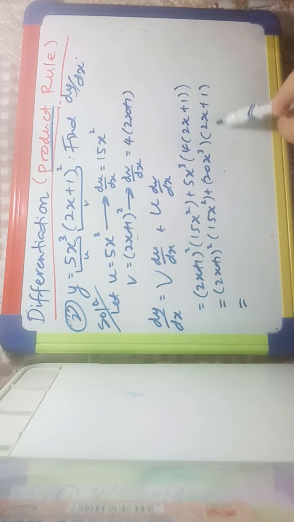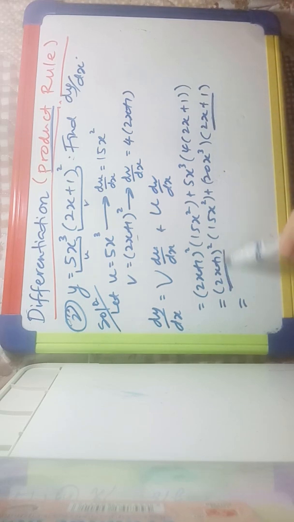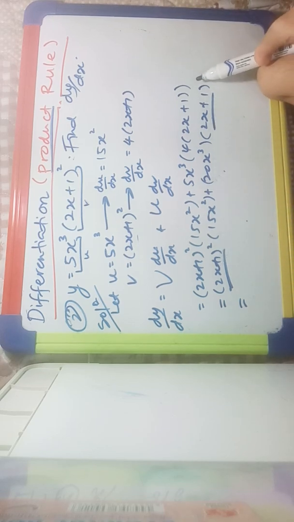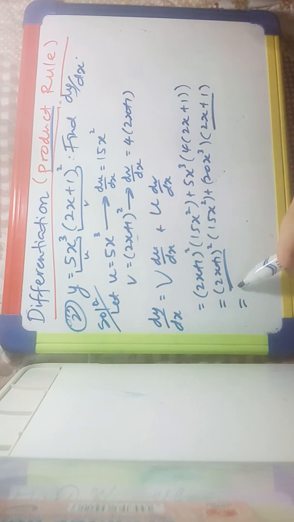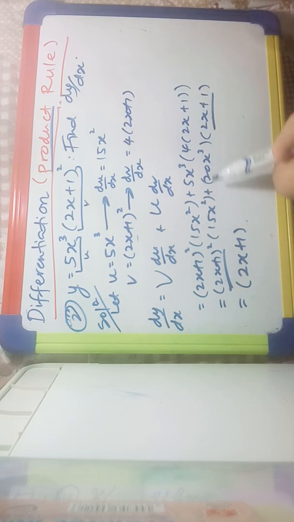Then equal to, how to factorize? Okay, find any common factor. If you look over here, I have 2x plus 1, I have 2x plus 1. This is power 2, another one is power 1. Take the lowest power to factorize. So the lowest power between them is power 1. So I will take (2x plus 1) power 1 outside. How about this?